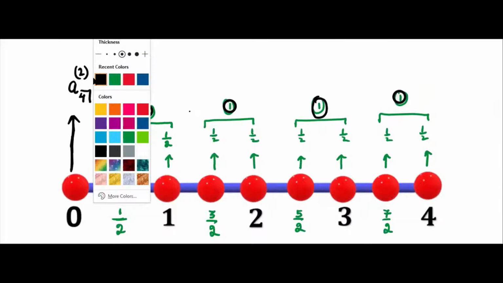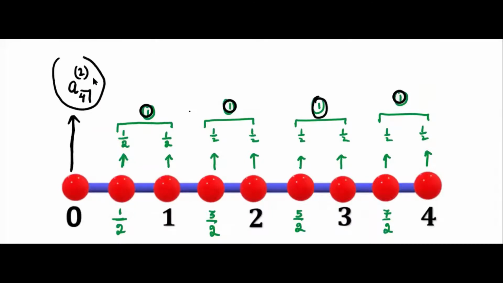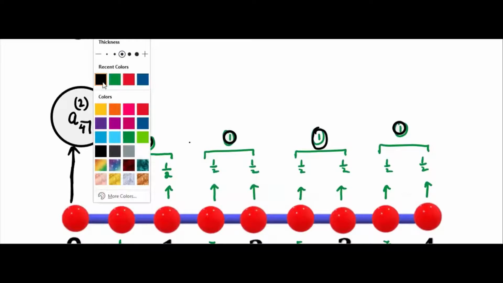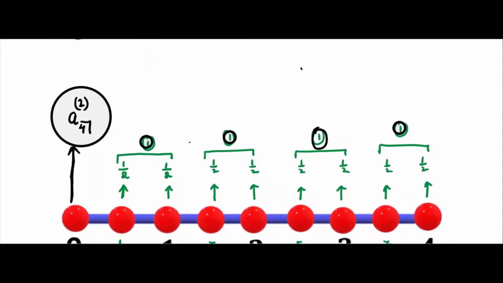The notation is A42. And the formula, let me write. The formula for A and P is 1 minus V power n. Originally we had I here.